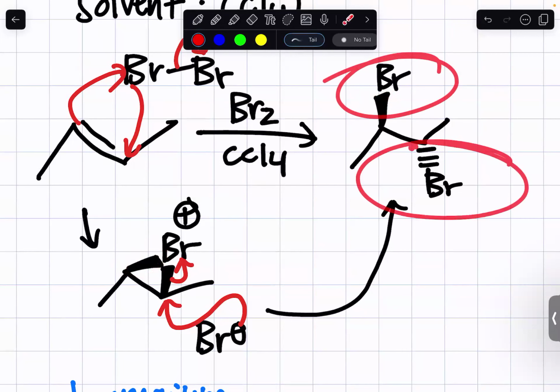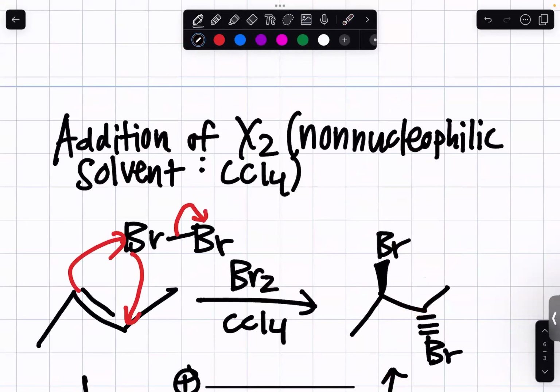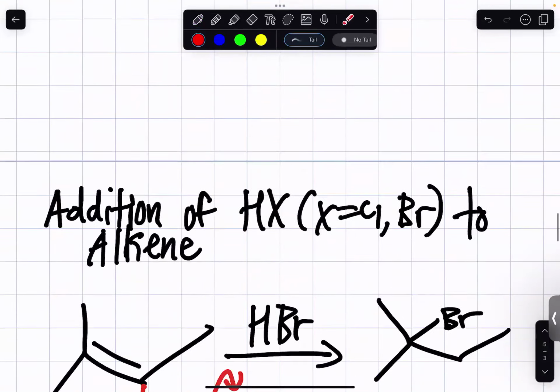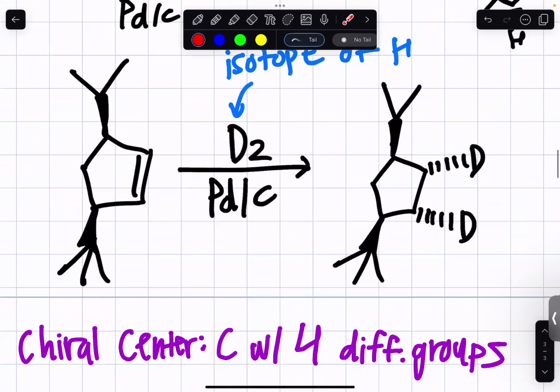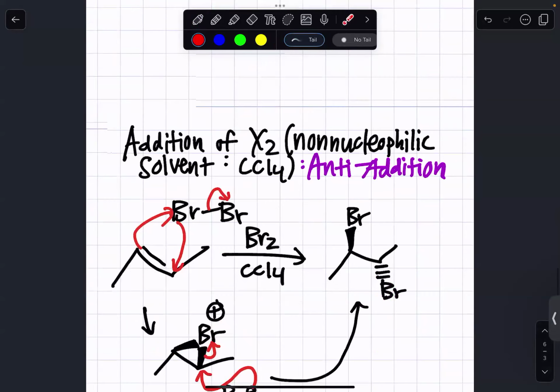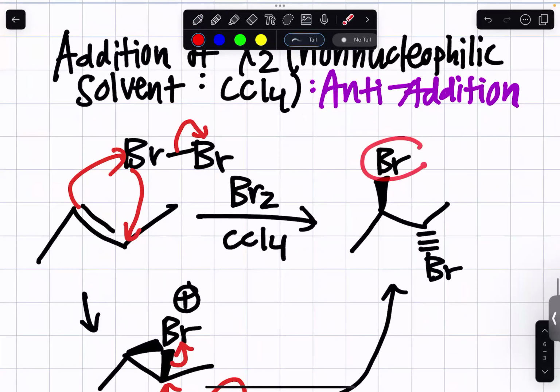They're on opposite sides. This reaction undergoes anti-addition. Unlike the hydrogenation. Hydrogenation was syn addition because you notice how the two hydrogens or deuteriums add on the same side, syn addition. In this reaction here, this reaction is anti-addition because the X's add on opposite sides.